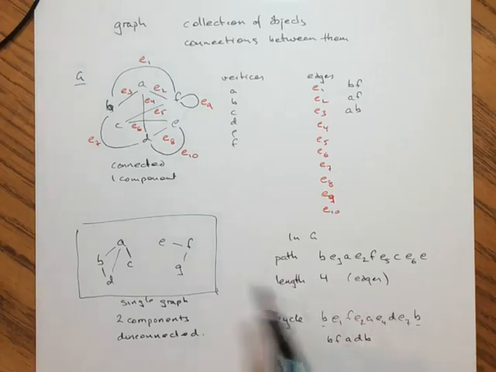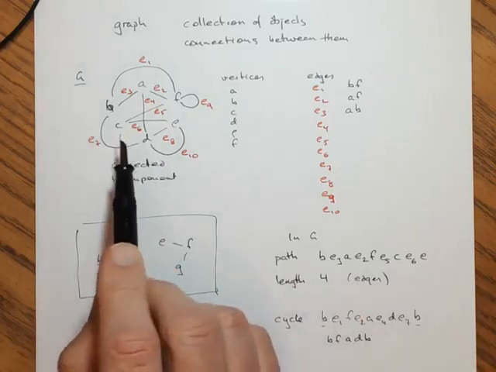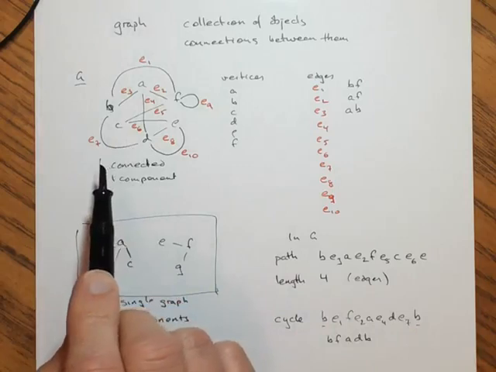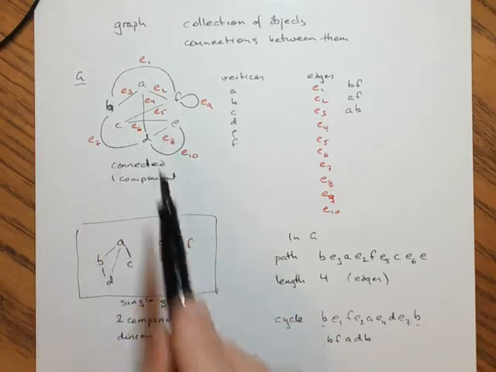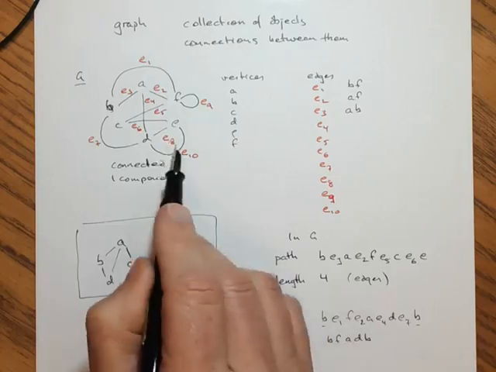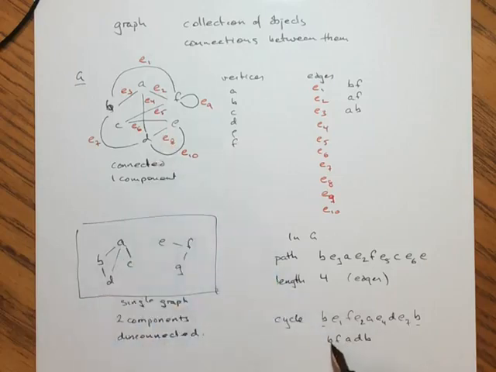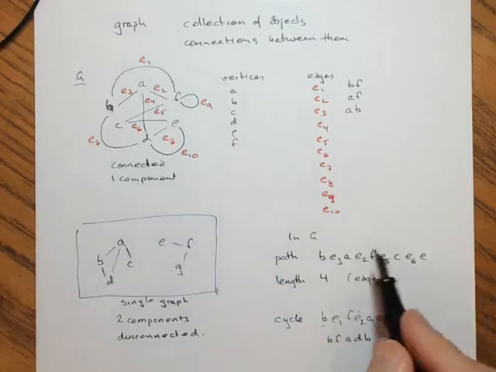And in this particular case, because there are no multiple edges involved, you don't have a choice here. There's only one edge between B and F, between F and A, etc. It's clear what's meant. Same thing with the path.